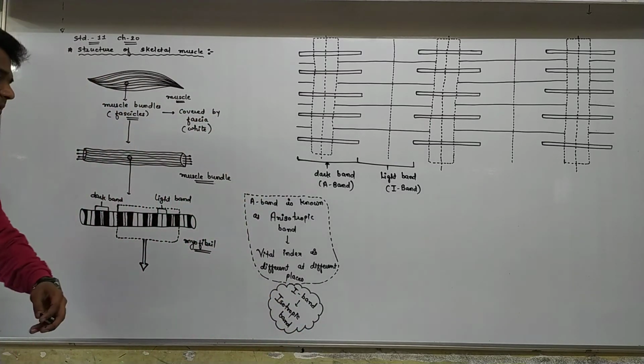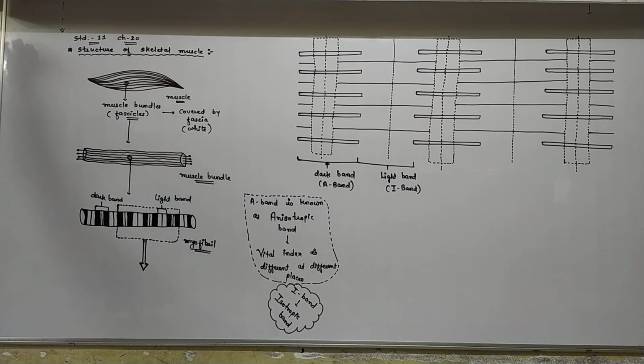The refractive index is the same in all planes, but in the anisotropic band, the refractive index is different in different planes.